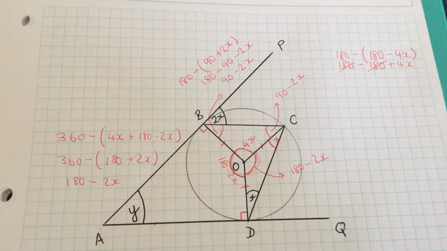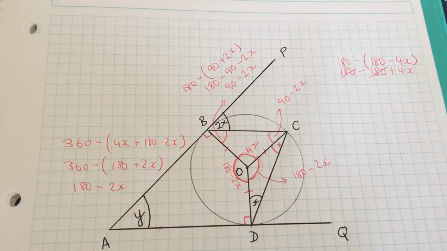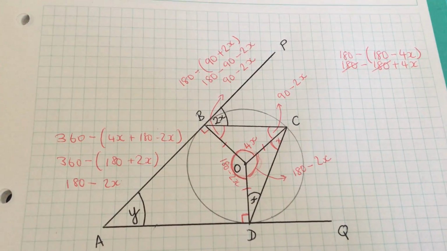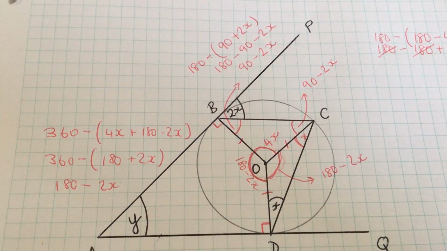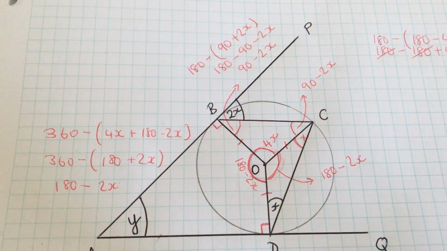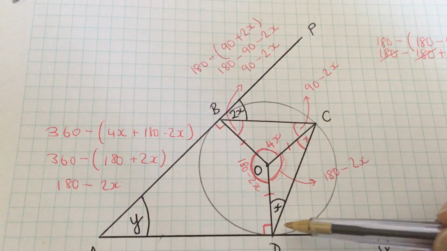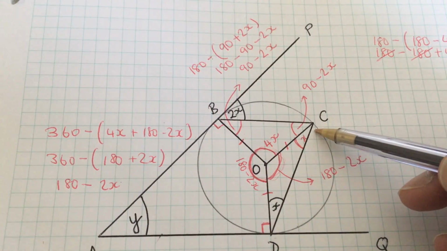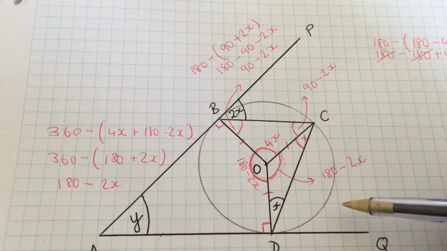Now, in a question like this, depending on how many marks there are and depending on whether the question says give reasons for each stage of the working, you may have to write reasons like angle OCD is equal to angle ODC because two radii make an isosceles triangle.